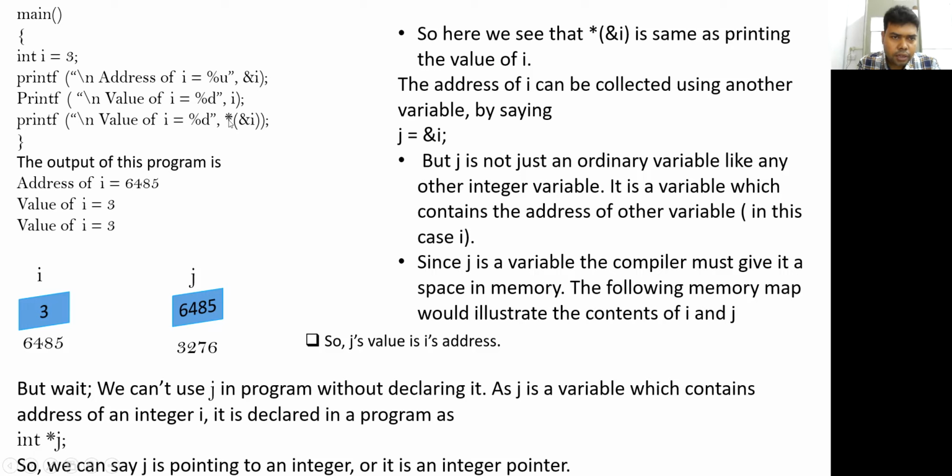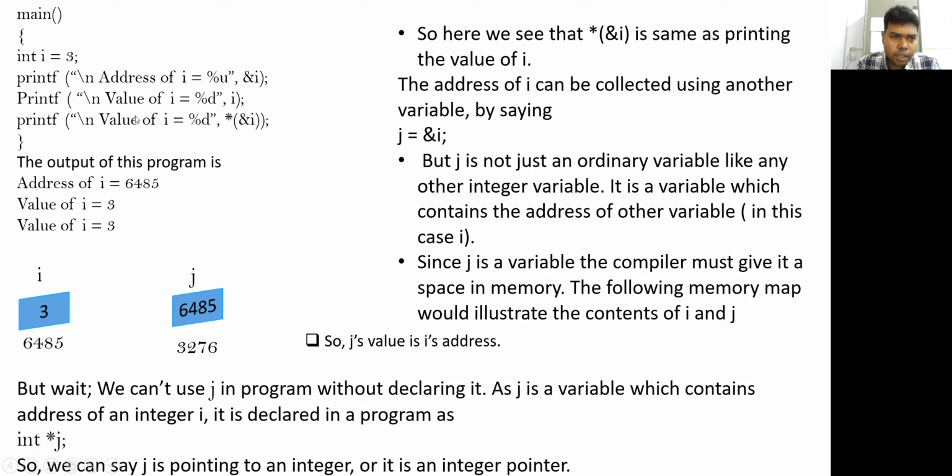And when we write asterisk 6485, that means the value at this memory location. So when we write asterisk ampersand i, it is basically referring to the value at that particular memory location. So that is why the value at that memory location is obviously 3.